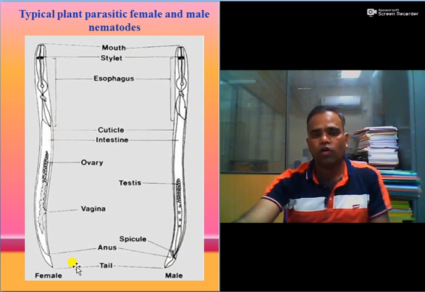These are the common things which are present both in female as well as male nematode. However, in case of female, the reproductive system contains ovary and vagina, while in case of male nematode, it contains testis and spicule.